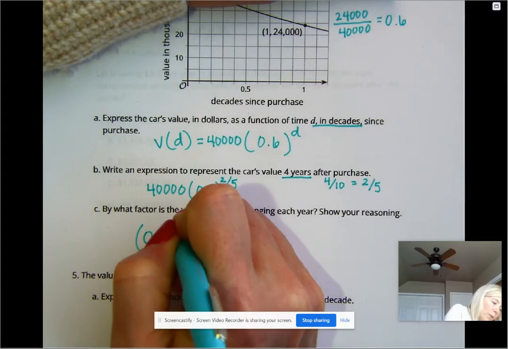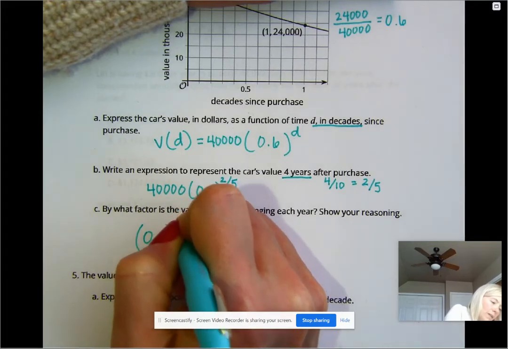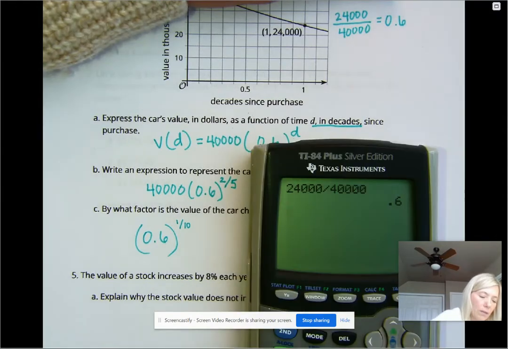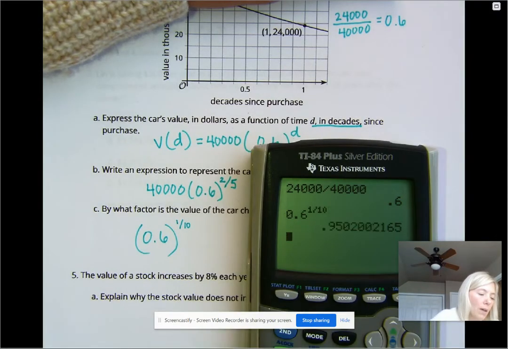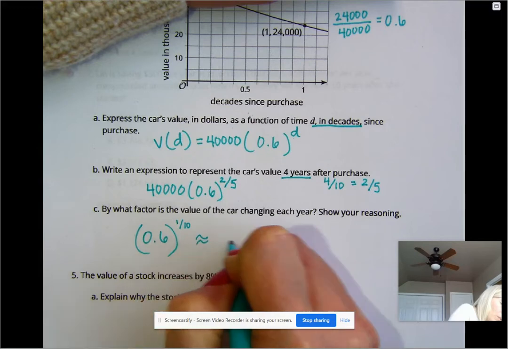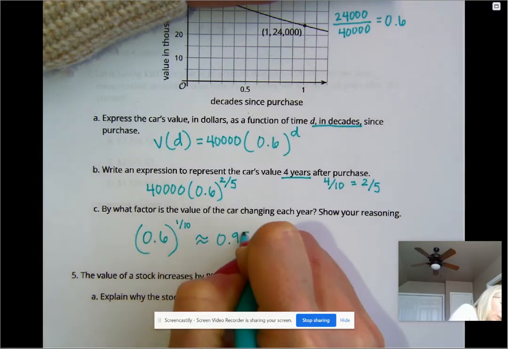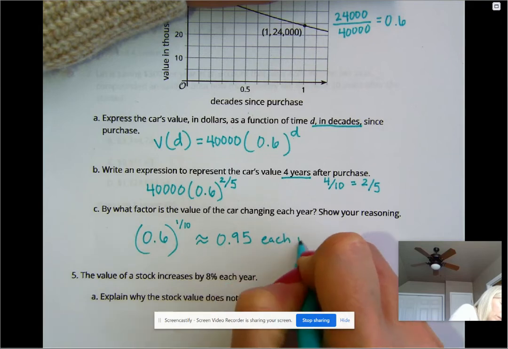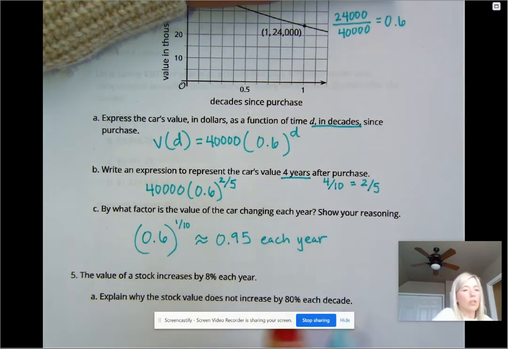So I could write 0.6 to the 1/10, and then I'm going to actually figure out what that is. About 0.95. So approximately 0.95 each year. Okay, by that factor each year.